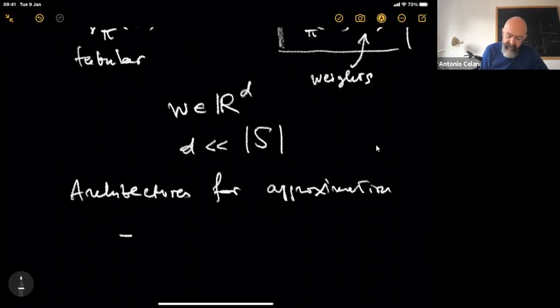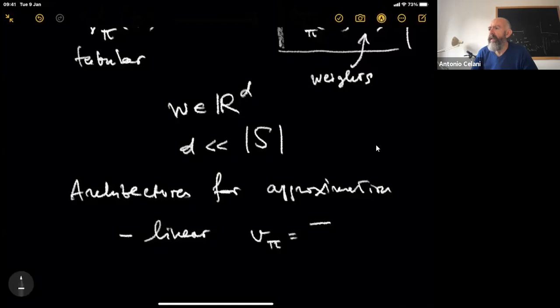In general, you can have linear approximation, which means that you are writing your value function as a product. Let me use the same notation as in Sutton and Barto, so you don't get confused if you read the chapter. I think he uses x for the features, yes.